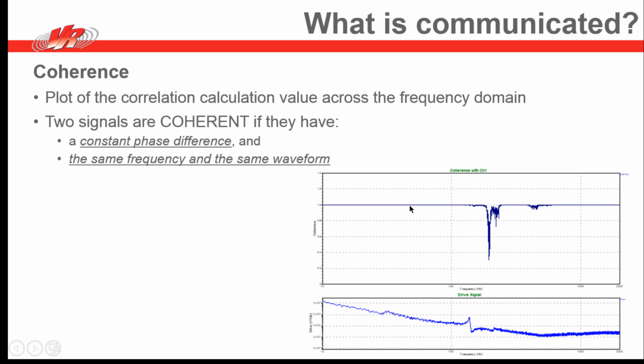But at this particular frequency, there is not a very good correlation, and therefore the plot for coherence is much below 1. That signals to you that at that particular frequency, there's either a difference in those phases that's not being kept the same in the phase vibration of the shaker and the product, or their frequencies and waveform are not the same.